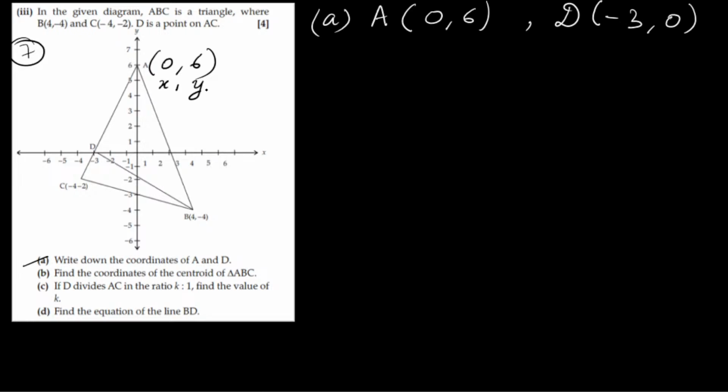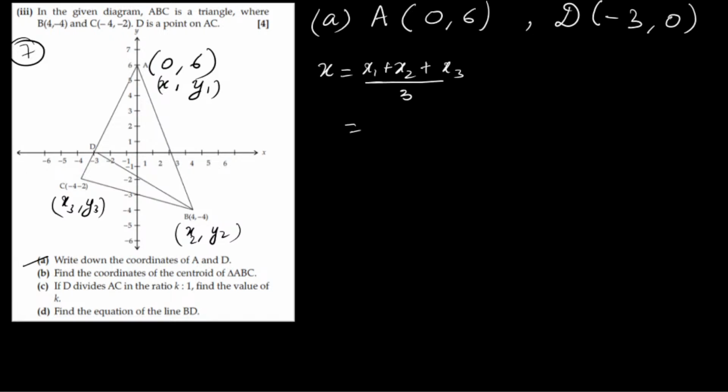I'll write the coordinates of the vertices A, B, C as x1, y1, x2, y2 and x3, y3. And the centroid formula I know: x is equal to x1 plus x2 plus x3 by 3.